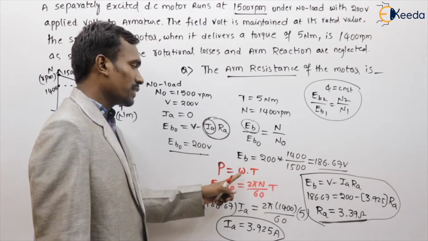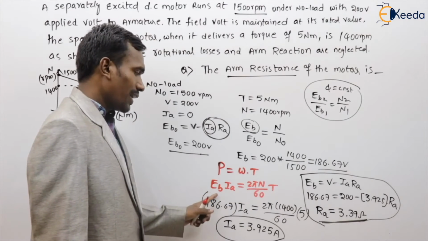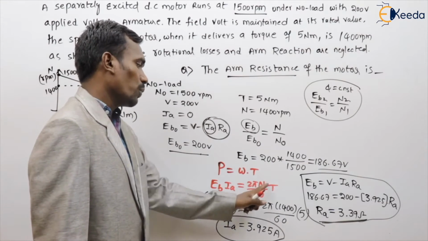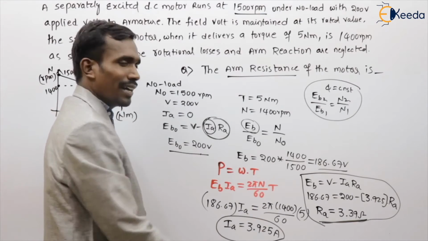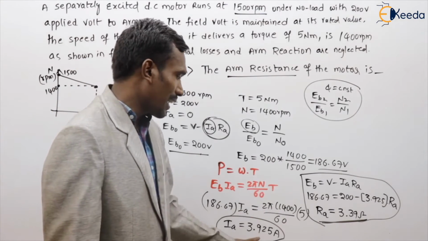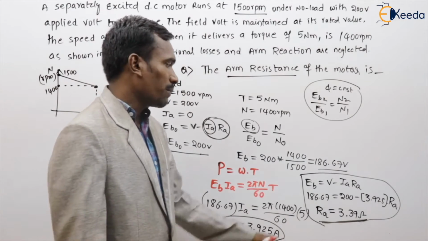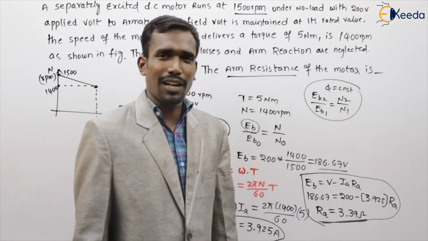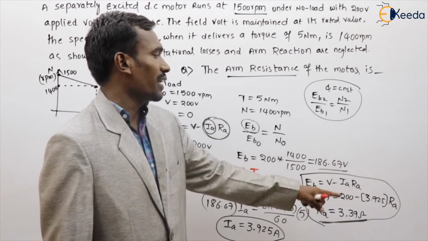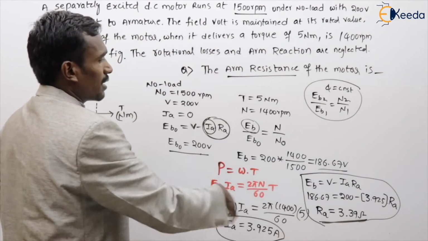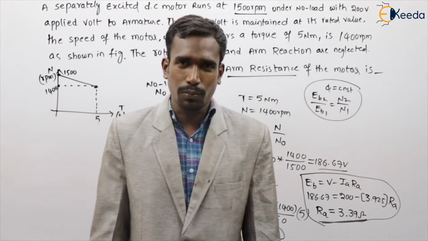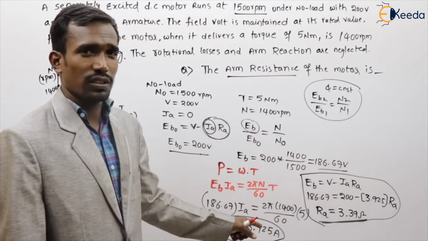Then P is equal to omega T, EB into IA is equal to 2 pi N by 60 into T. From that, I calculated the IA value. From that, I calculated the RA value. For this question, the answer is 3.39 ohms. This is the first question.